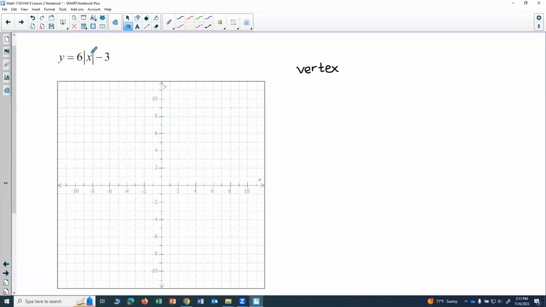I take whatever's plugged into the absolute value and set it equal to 0. So the vertex happens when x equals 0, and y is going to equal 6 absolute value of 0 minus 3, which just gives me a -3. So the vertex happens at 0, -3.